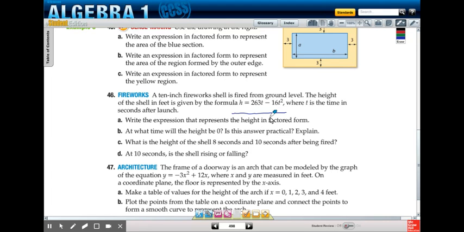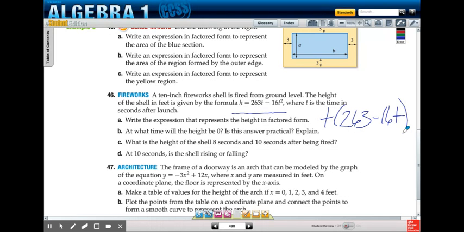Come on, somebody has to know this. No, it doesn't go in evenly. So for this, the factored thing would be T times 263 minus 16T. Right? Okay.